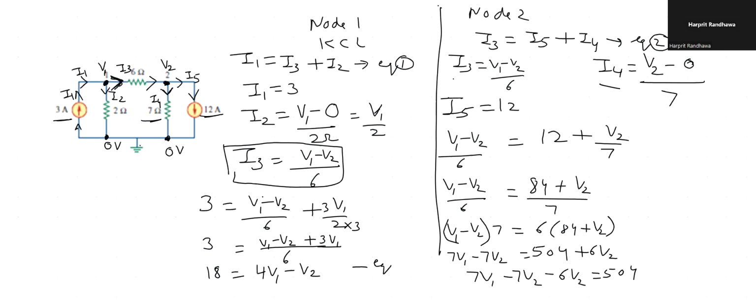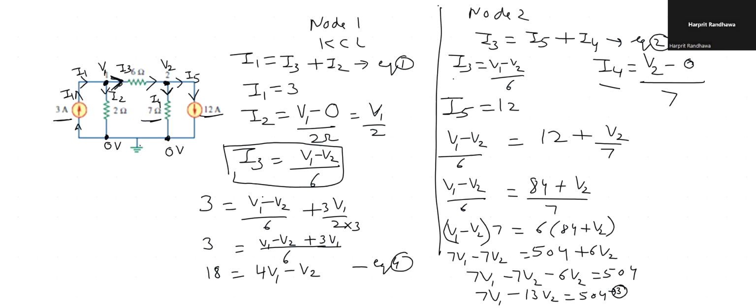That gives me 13, so 7V1 minus 13V2 is equal to 504. Now we form this another equation. We can say that this is equation 3 and this is my equation 4.